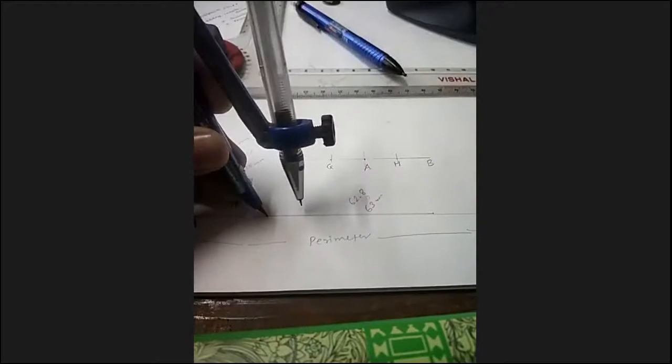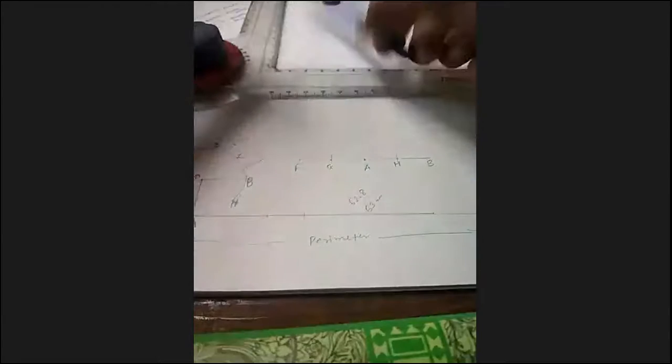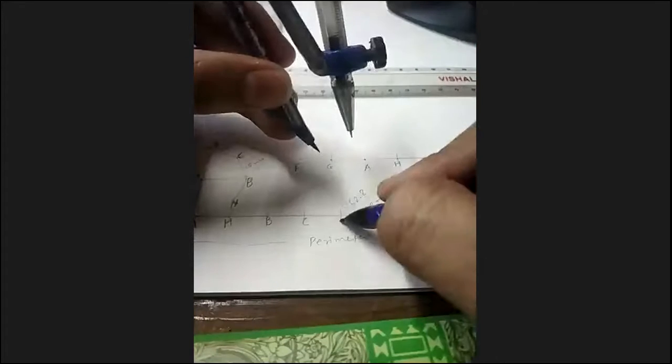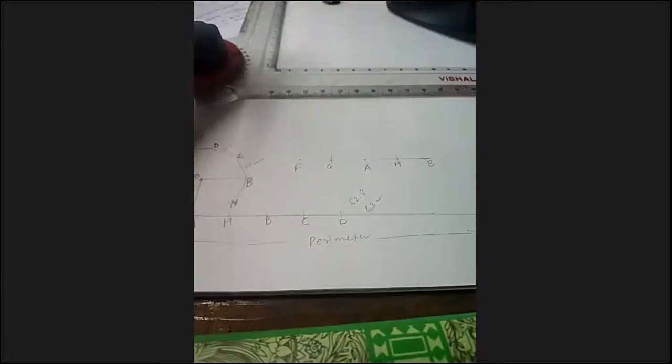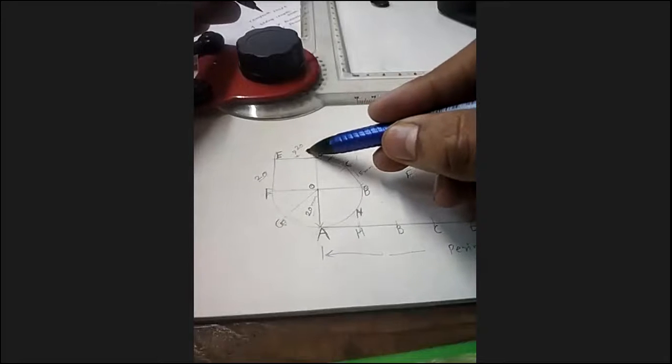Again, I will start simultaneously giving names also. C to D again this. D to E here. D to E, that is 20 mm given.